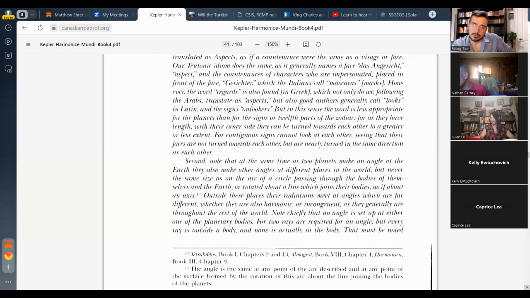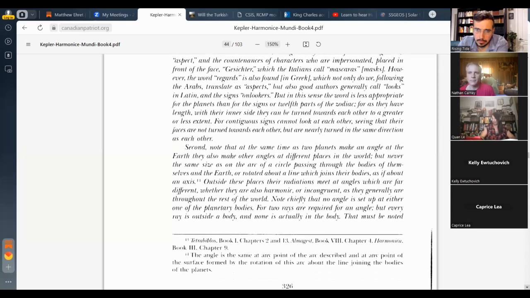Outside these places, their radiations meet at angles which are far different, whether they are also harmonic or incongruent, as they generally are throughout the rest of the world. Note chiefly that no angle is set up at either one of the planetary bodies, for two rays are required for an angle. But every ray is outside a body and none is actually in the body.